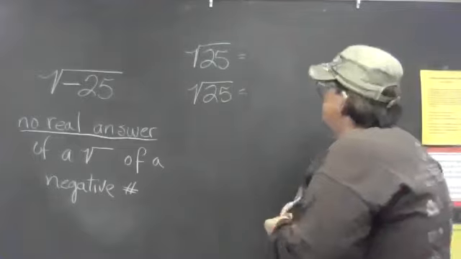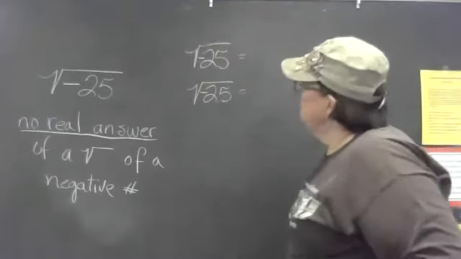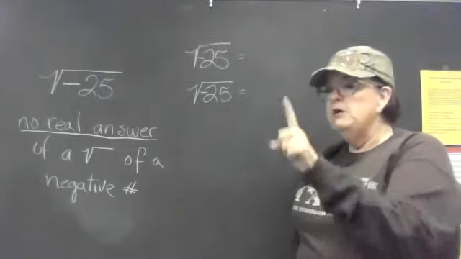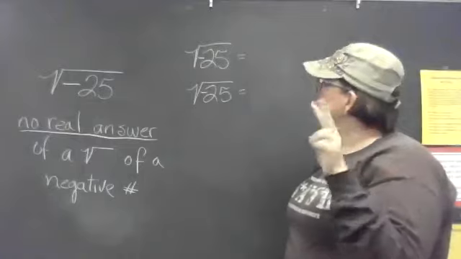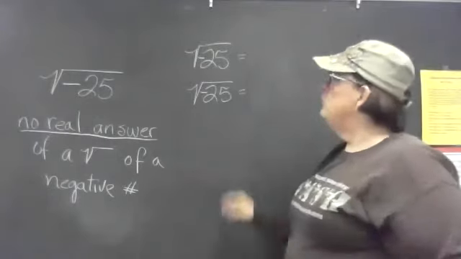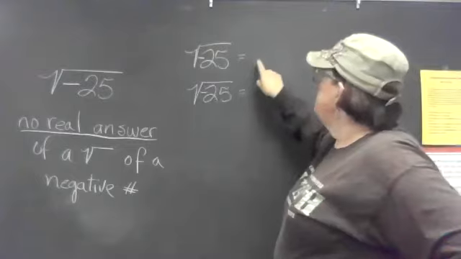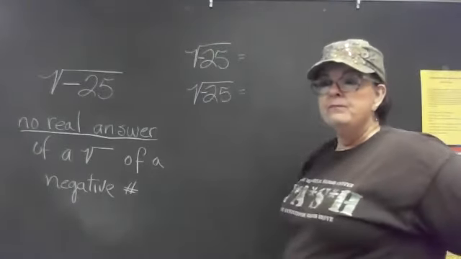I want to find the square root of a negative 25. Okay, now it has to be a number times itself 2 times because it's a square root. Would it be 1? No, if you take 1 times 1, it's going to be 1. I need a number times itself that will give me negative 25.